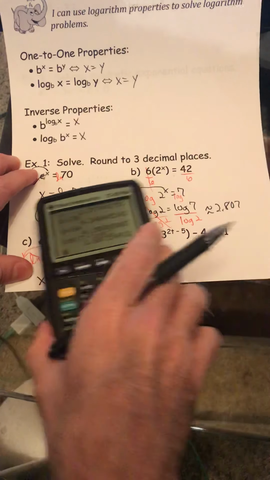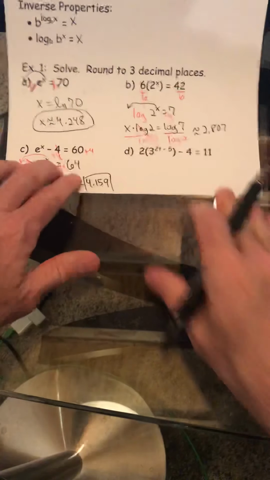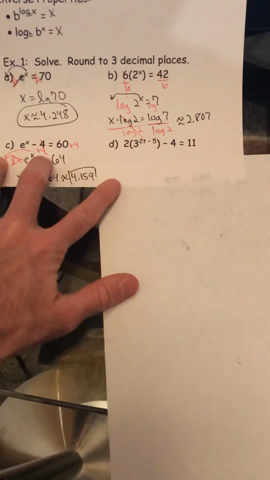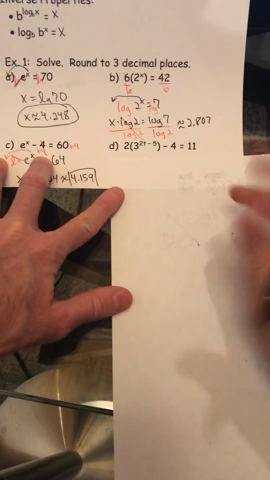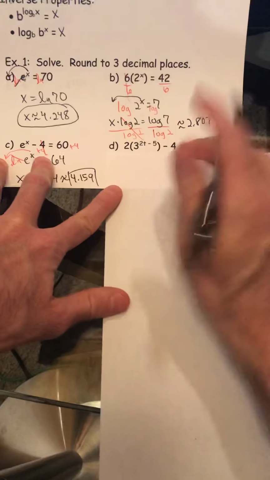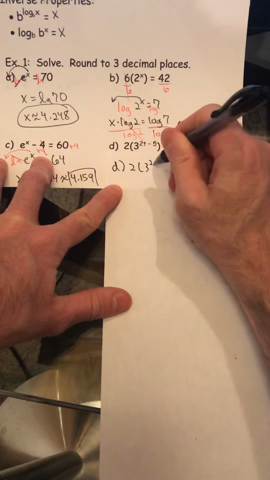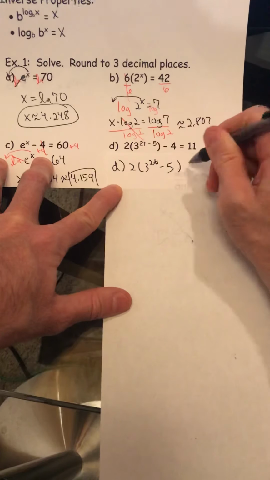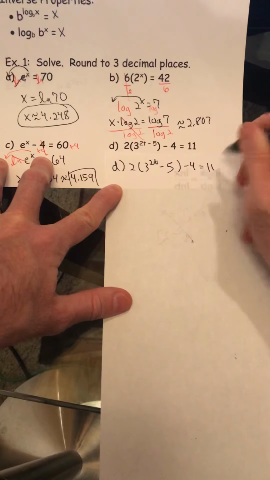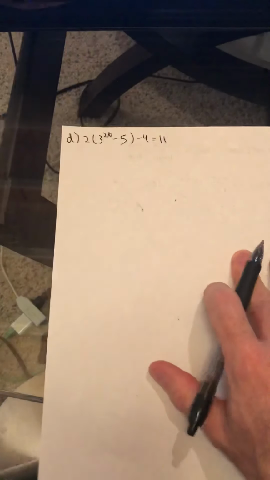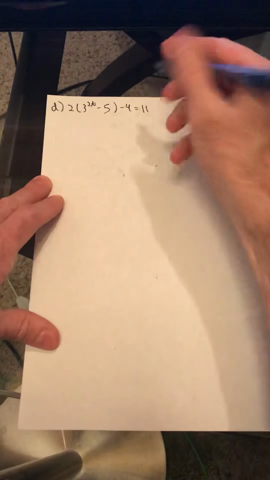All right, this next example, I can already tell you there is no way I'm going to be able to fit this in that small portion, so I'm just going to rewrite it before I work this out. This one has a lot of steps involved. The main thing you have to watch for is to make sure you do them in the correct order. So first, add the 4.